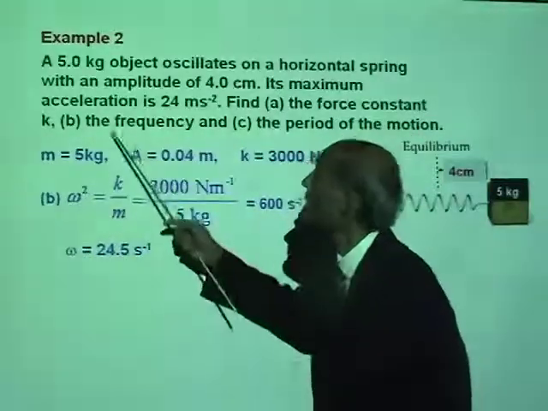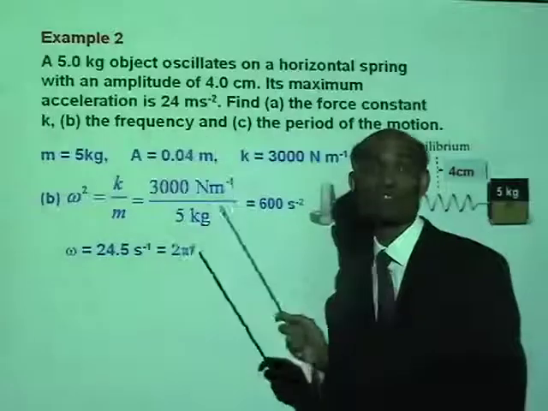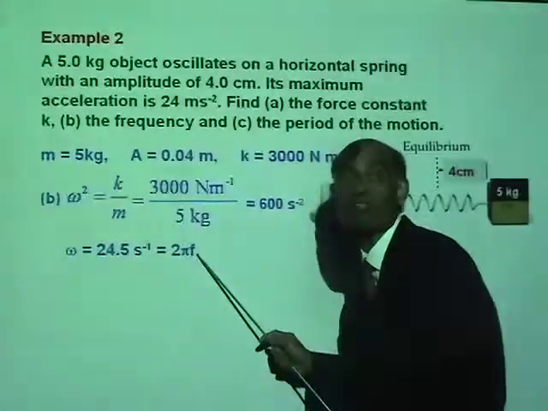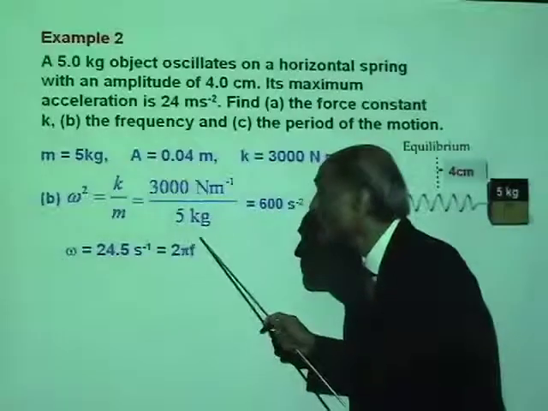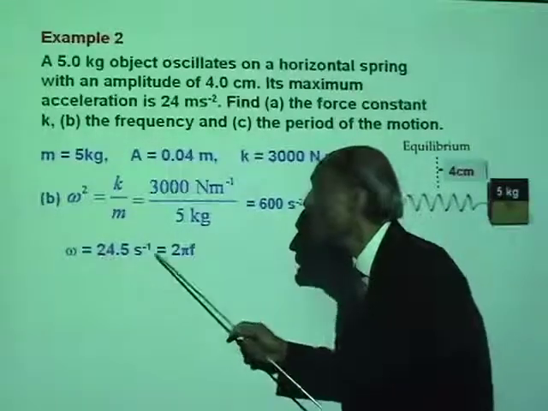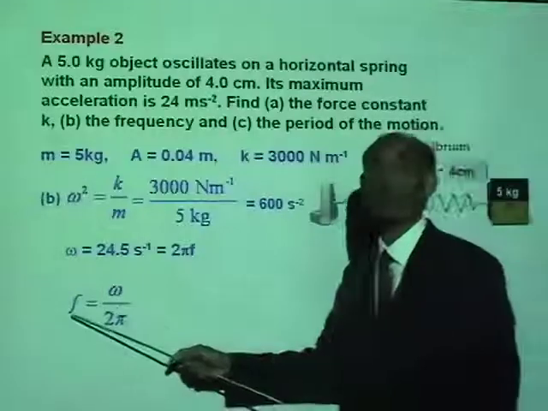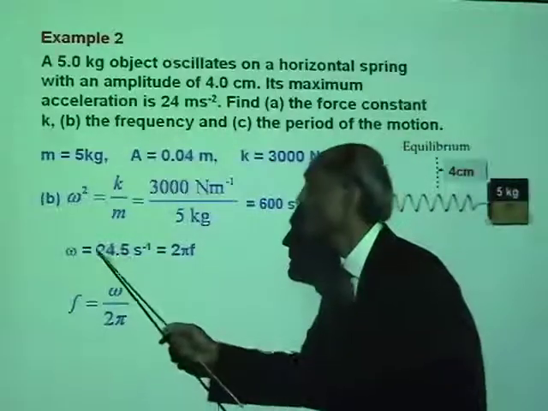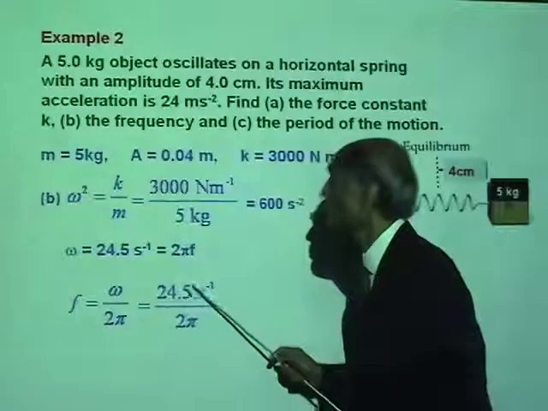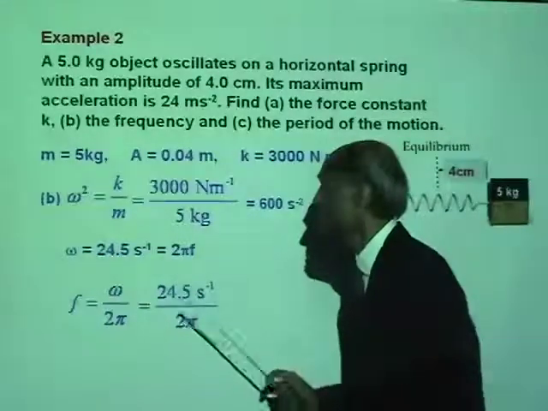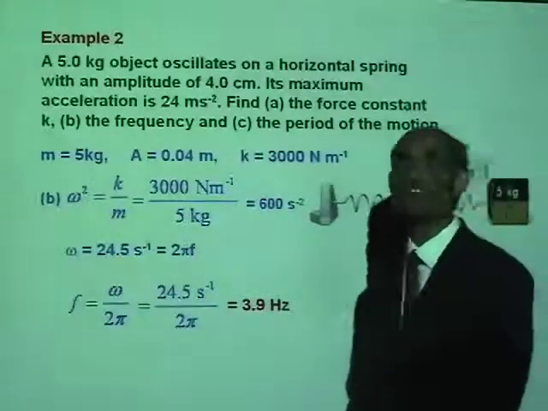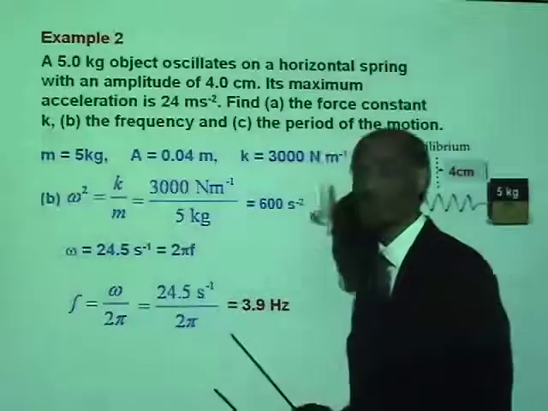Once you know omega, can you find the frequency? Well, omega equal to 2 pi f. Therefore, f equal to omega divided by 2 pi. Omega is 24.5 divided by 2 pi, and that is 3.9 hertz, the frequency.